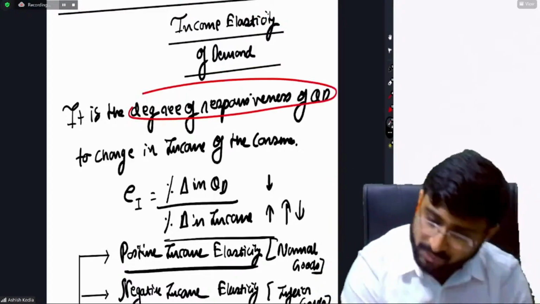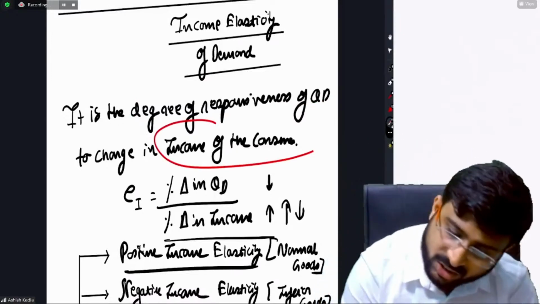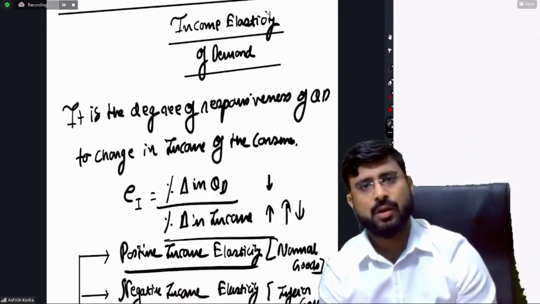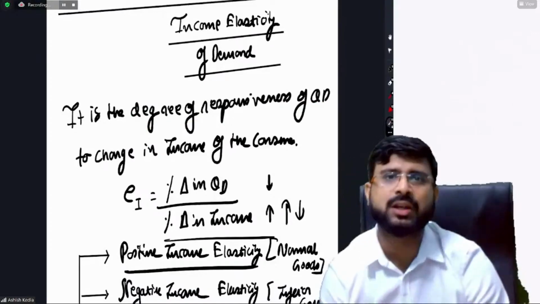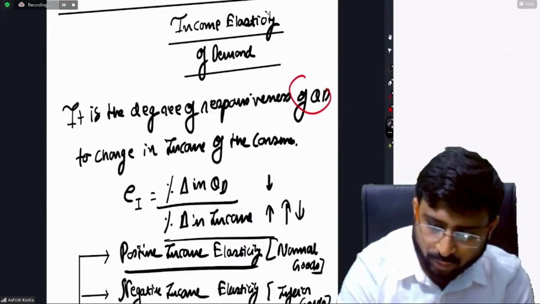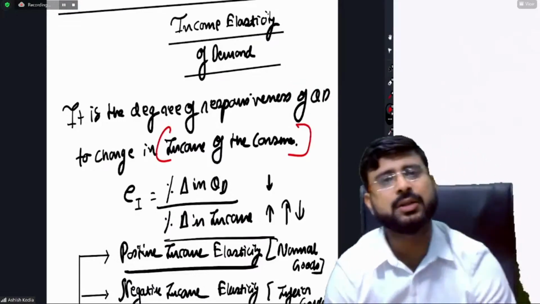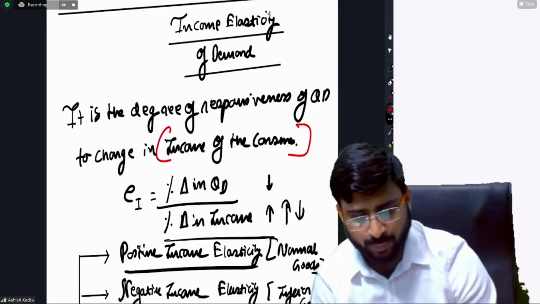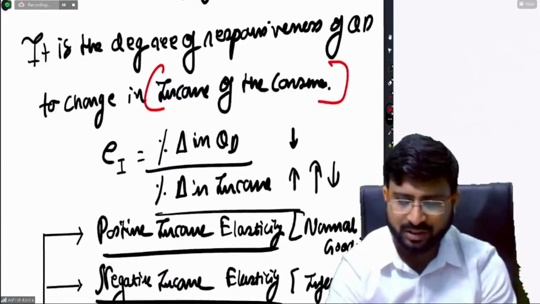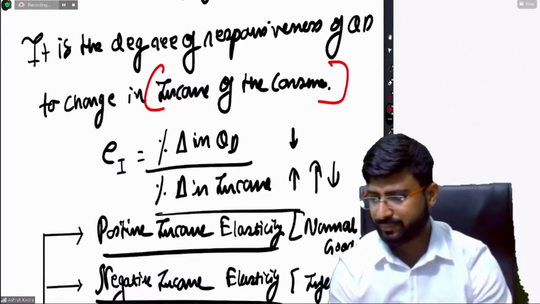It is the degree of responsiveness of quantity demanded, not to the change in own price, but to the change in income of the consumer. How is it computed? Income elasticity is percentage change in quantity demanded divided by percentage change in income.